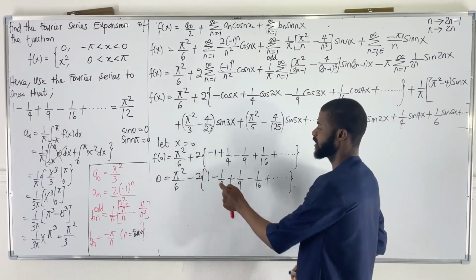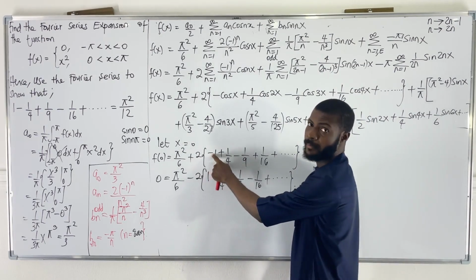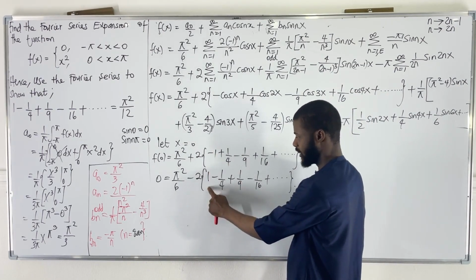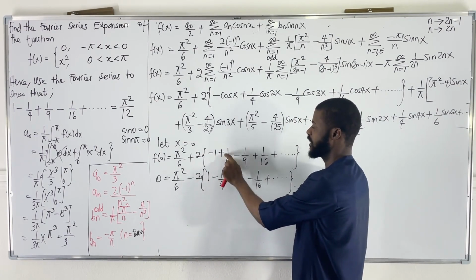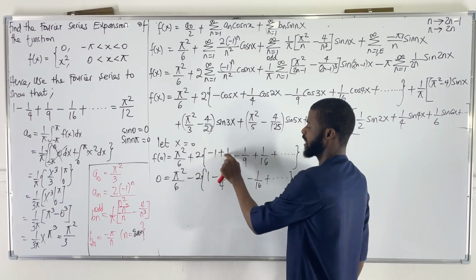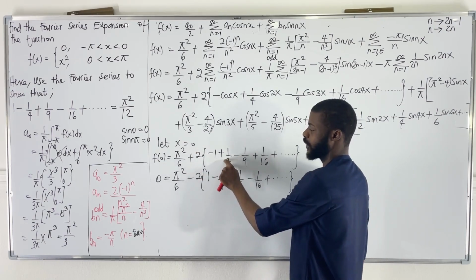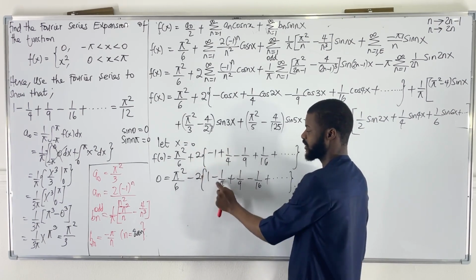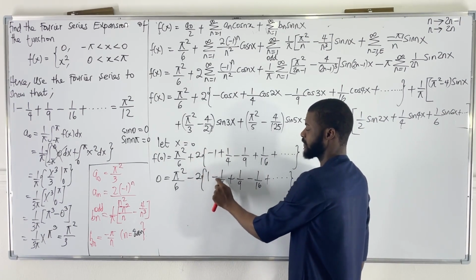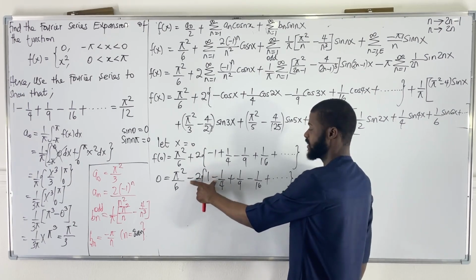Look at it. When you expand, 2 times minus 1 is minus 2. Is it the same with this one? Yes, minus 2 times 1 is minus 2. Let's try the second one. 2 times 1 over 4, they are both positives. Let's try it here: minus 2 times minus 1 over 4. The minus times minus will give us plus, so the sign is still positive.